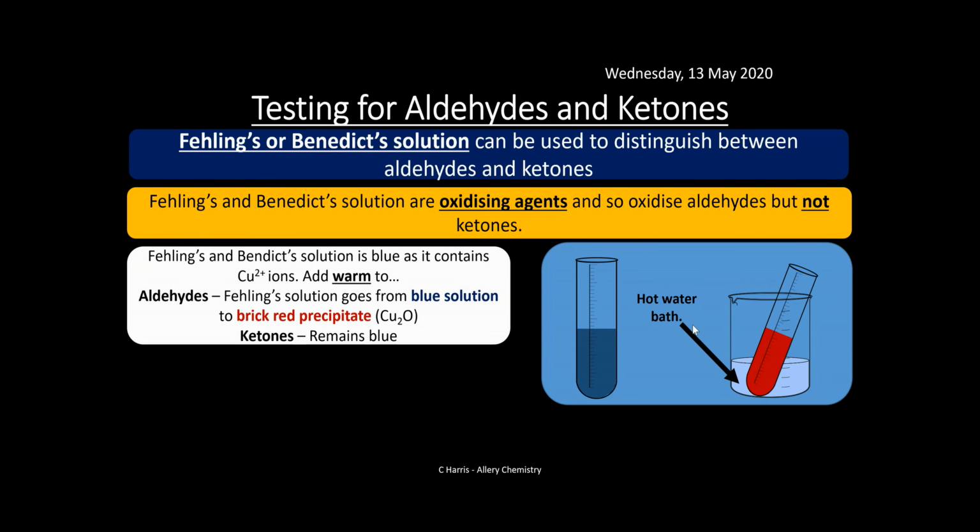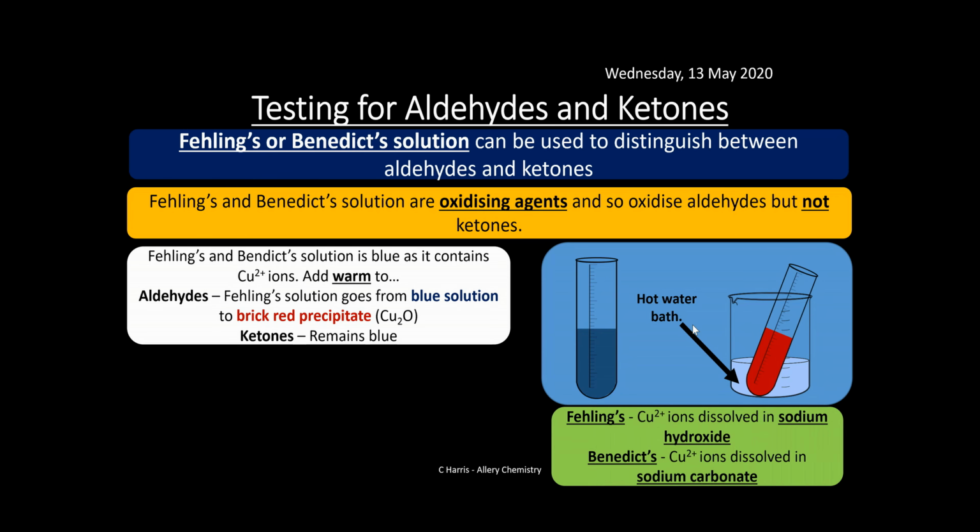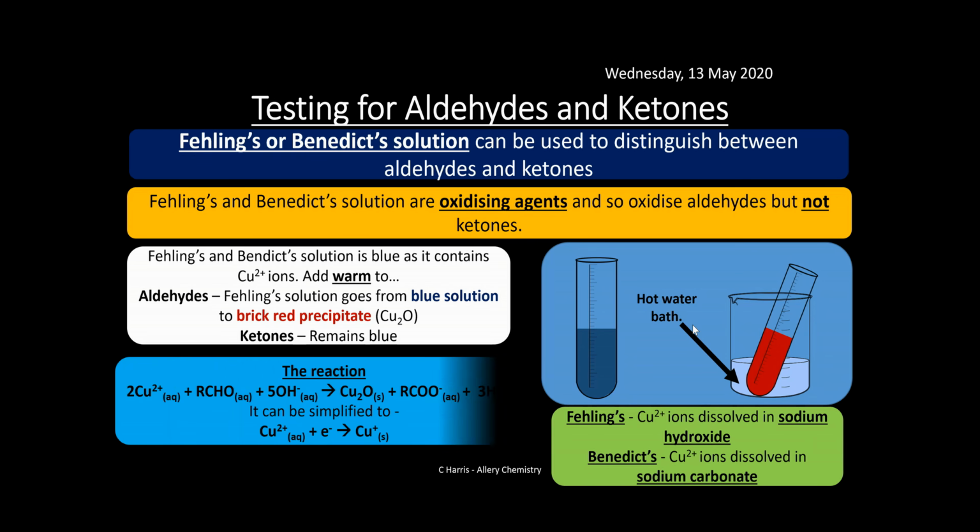You can see the test tubes there. Fehling's and Benedict's are very similar, but with Fehling's the copper ions are dissolved in sodium hydroxide, while with Benedict's the copper ions are dissolved in sodium carbonate. So they're very similar reactions; it just depends on what has been dissolved in.